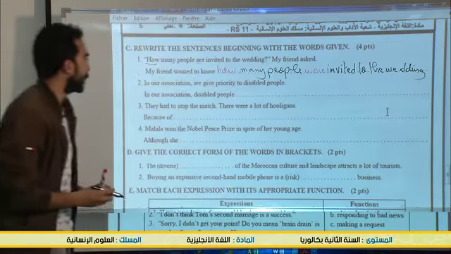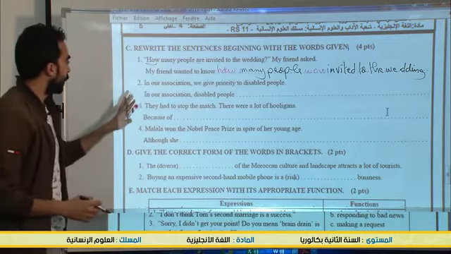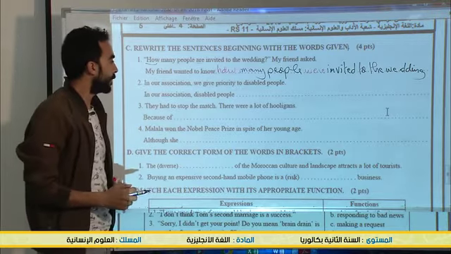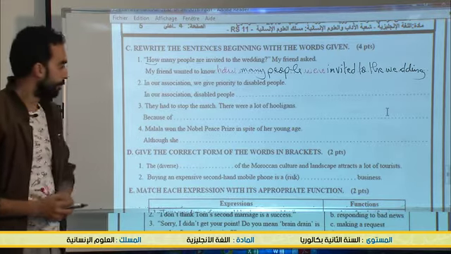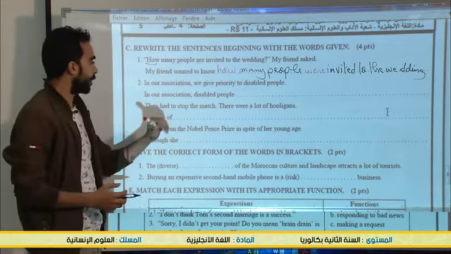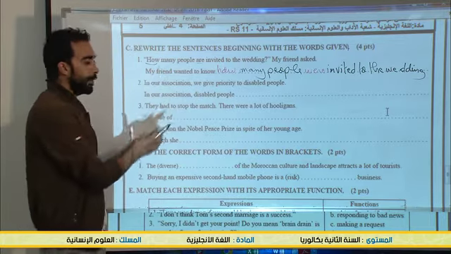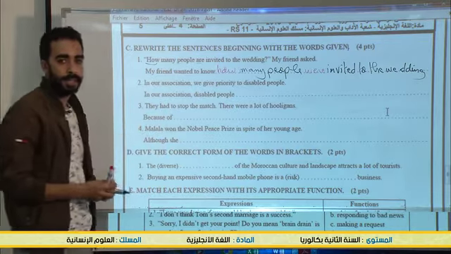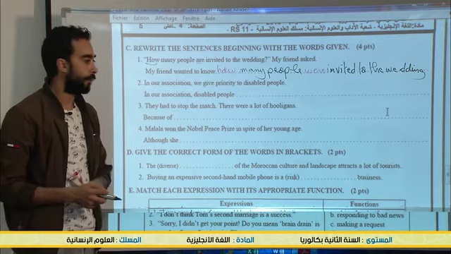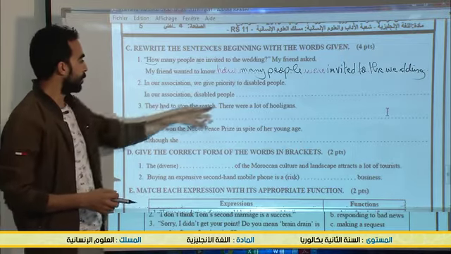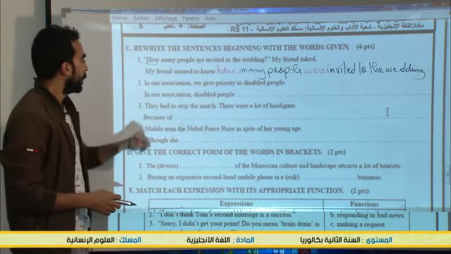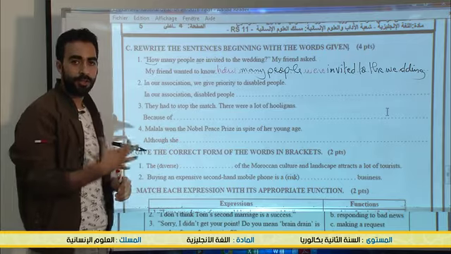To the wedding. Nice. Second, in our association, we give priority to disabled people. In our association, disabled people. So we started with the object. So of course, we are talking about passive voice. Okay, so we have the object, disabled people. Then we have to insert verb to be.